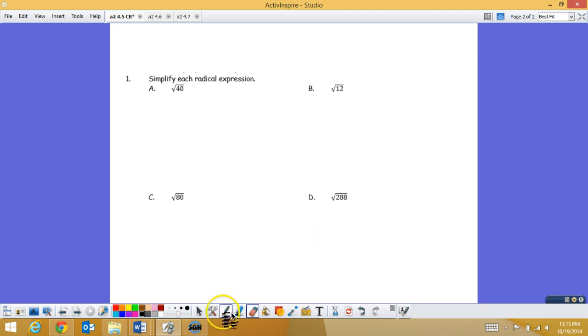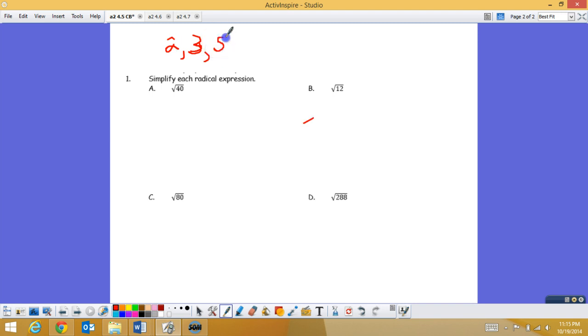So examples of prime numbers, the first several prime numbers, are 2, 3, and 2 is actually the only even prime number. So 4, 6, 8, none of those are prime numbers.